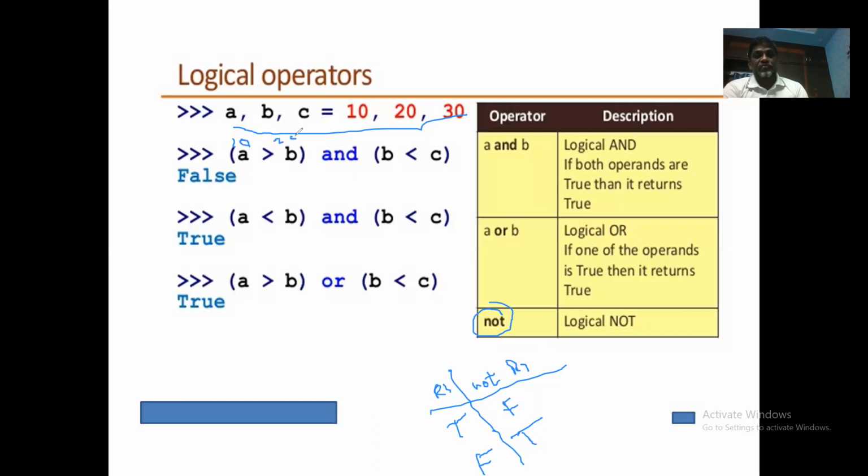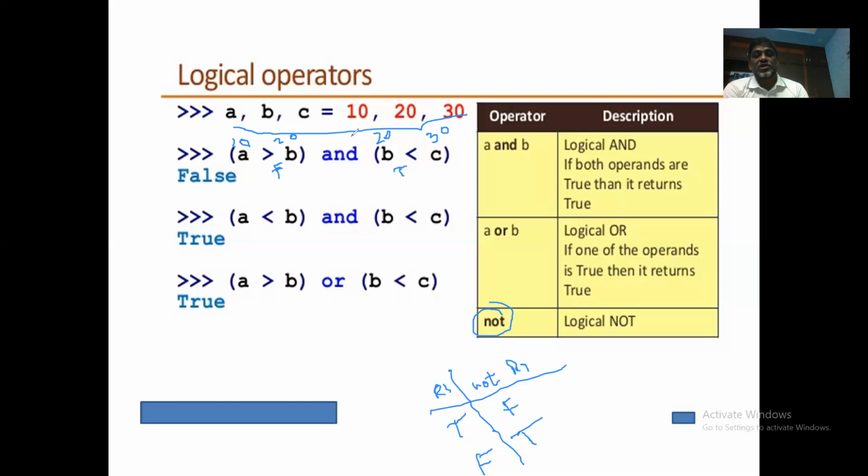Now B less than C: B is 20 and C is 30. This 10 greater than 20 is false. B less than C is true.